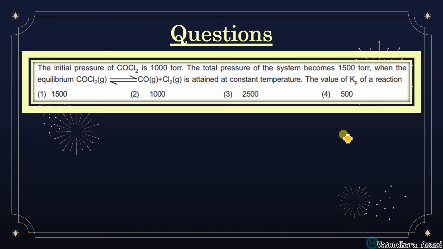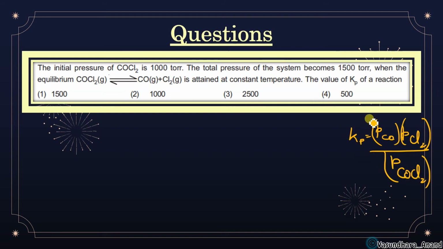So obviously for Kp, you want the pressure of CO and the pressure of Cl2 upon the pressure of COCl2. Yes, but this pressure should be at equilibrium, whereas in the question you are given the initial pressure and the total pressure.